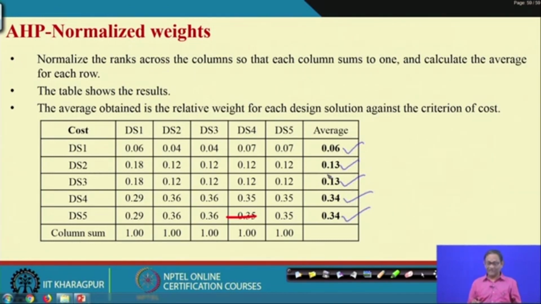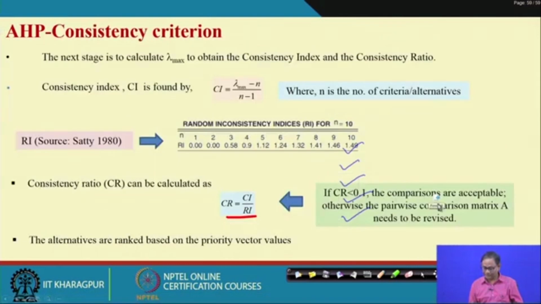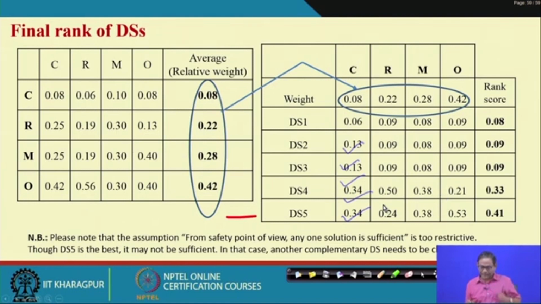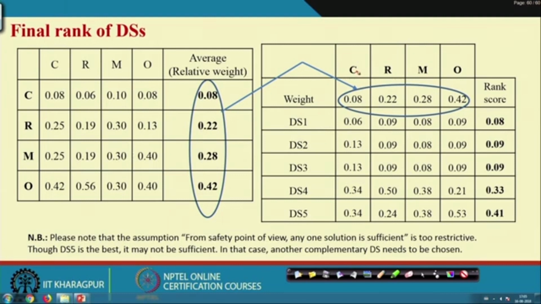These are basically the priority vector for the 5 design solutions with reference to cost. Now look, DS1, DS2, DS3, DS4, DS5 with reference to cost: 0.06, 0.13, 0.13, 0.34, 0.34. So, these are the priority vector with reference to cost for the design solutions.